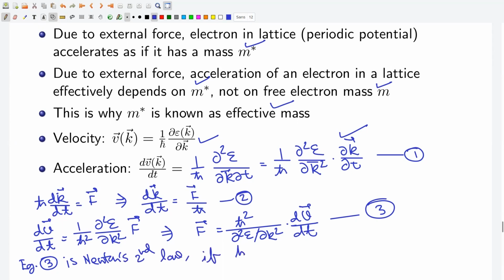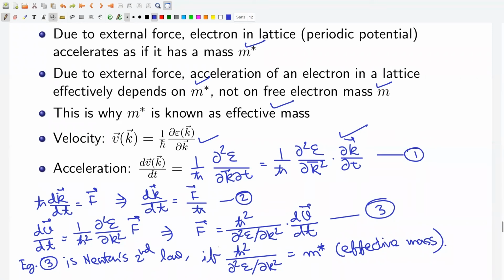Here ħ² divided by ∂²E/∂k² has the dimension of mass, and this is what we call the effective mass.